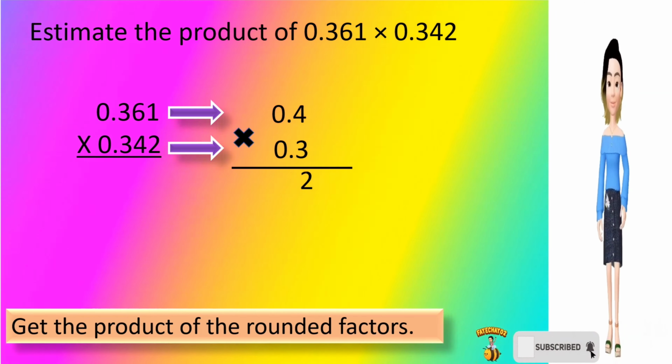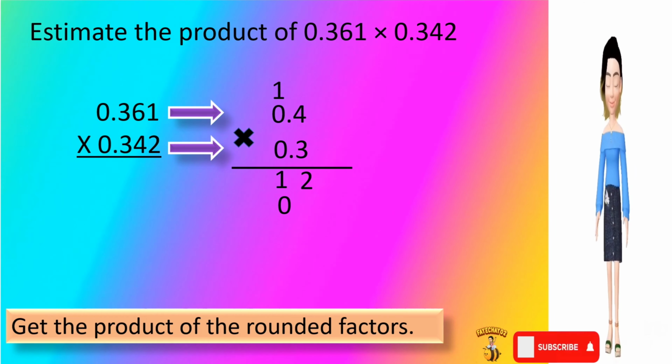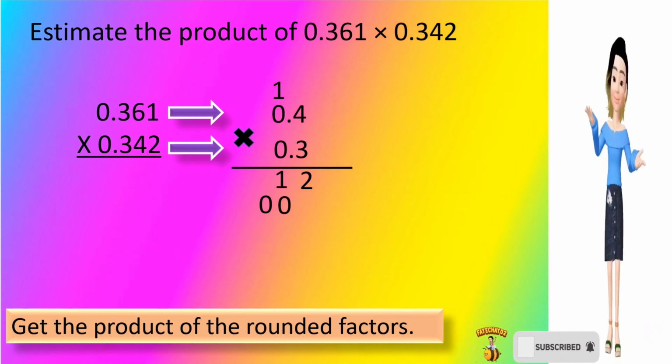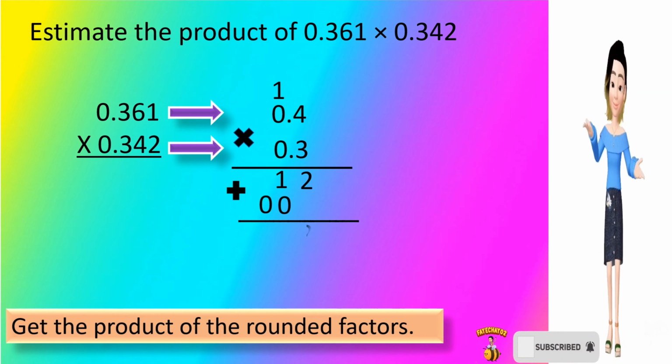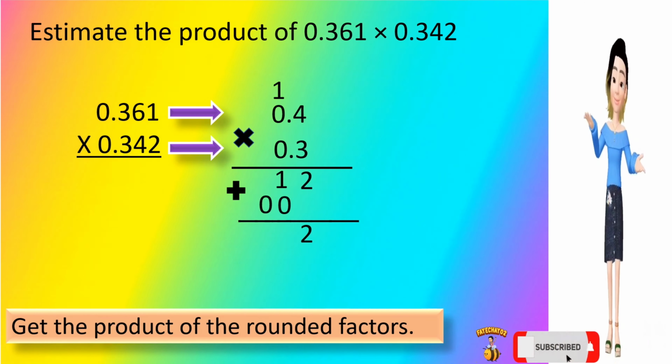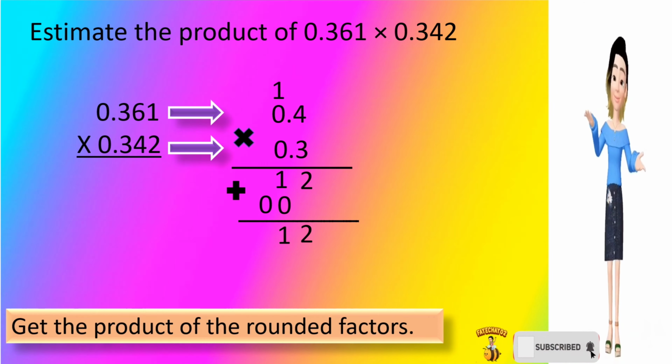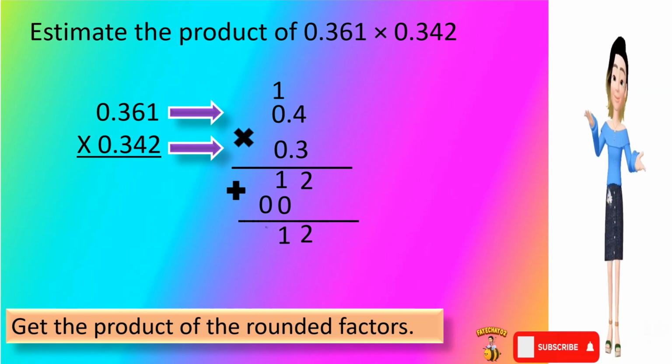2, regroup 1. 3 times 0 is 0 plus 1 is 1. 0 times 4 is 0. 0 times 0 is 0. And then we can now get the sum. So bring down 2. 1 plus 0 is 1. 0, bring down 0.